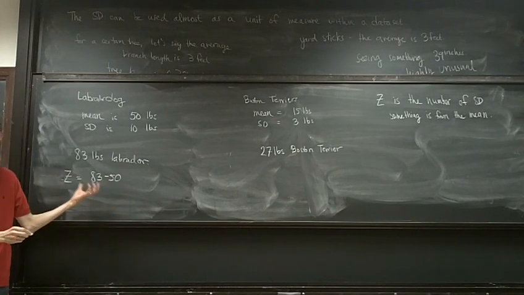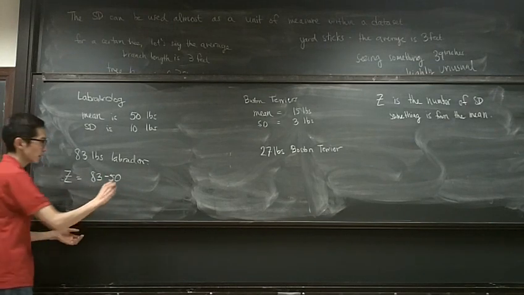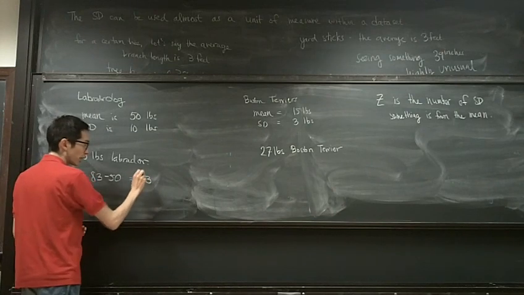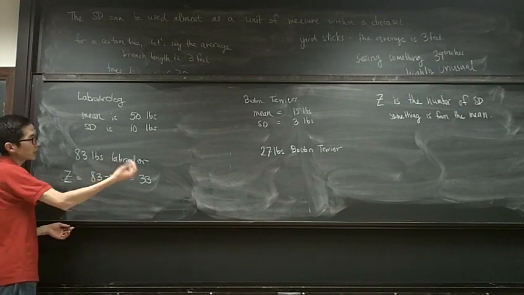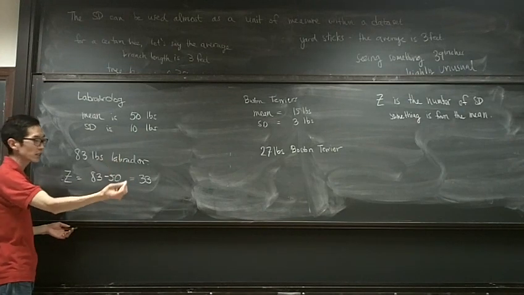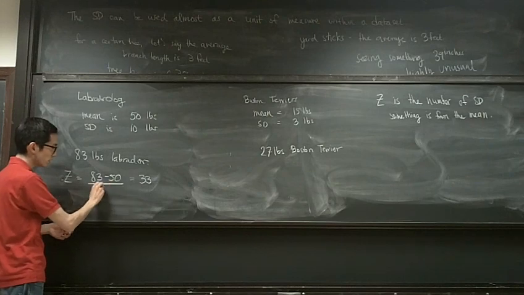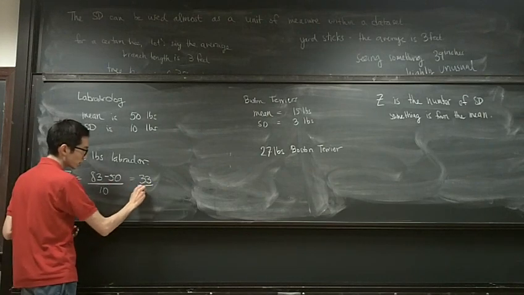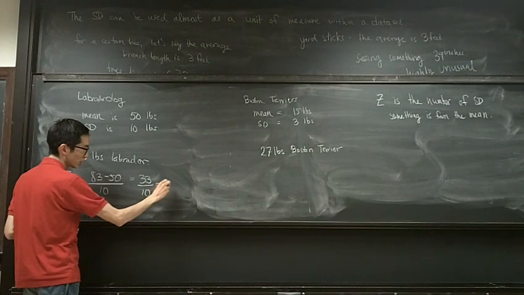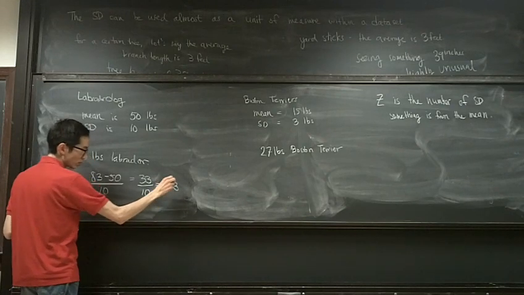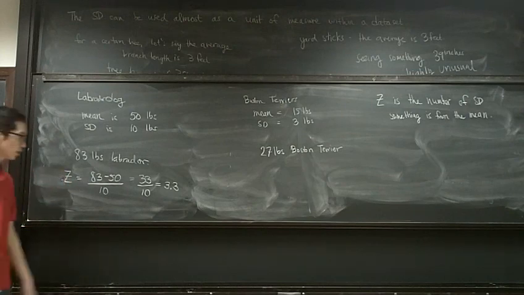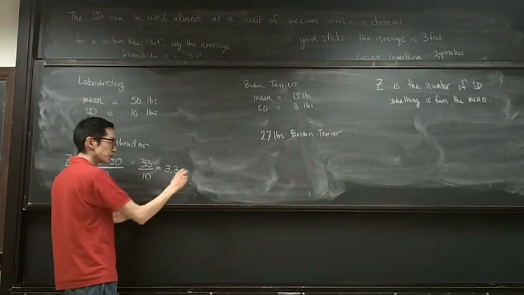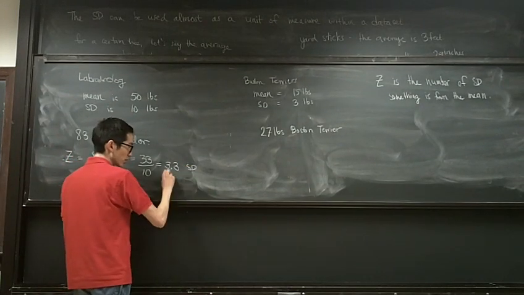This gives us how far something is from the mean, and we say this is 33 pounds more than the mean, okay? But we want to know not just how many pounds, but how many standard deviations, okay? Each standard deviation is 10 pounds, so I'm going to take this and divide by 10, and we see that this 83-pound Labrador is 3.3 standard deviations larger than the mean.